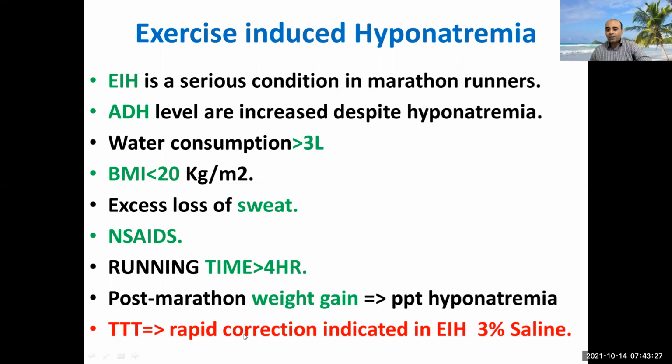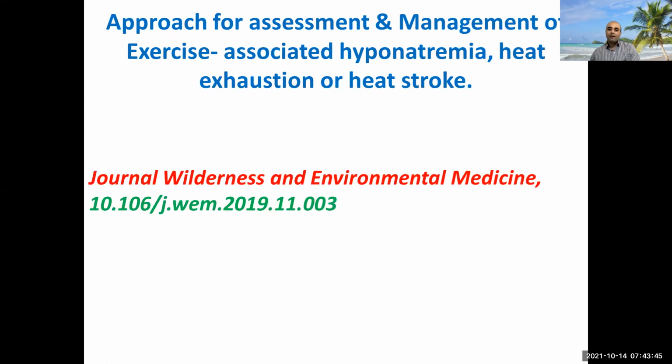Treatment: rapid correction is indicated. If the patient is symptomatic, you should give hypertonic saline, as we classified in the previous presentation. And I will give you a nice classification now to guide you how to manage this exercise-induced hyponatremia.